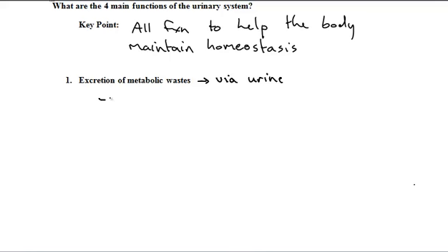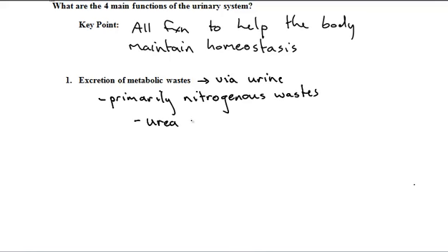And we're looking at primarily what's called nitrogenous waste, waste that contain nitrogen atoms. So things like urea produced by the liver is filtered out by the kidneys into our urine.